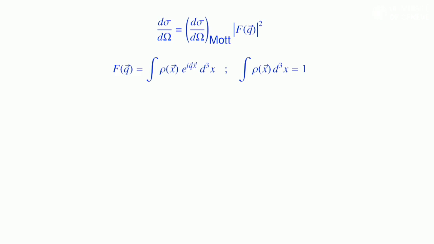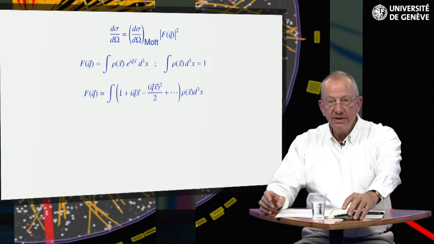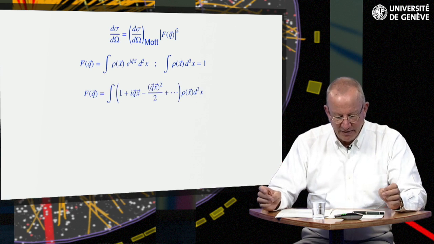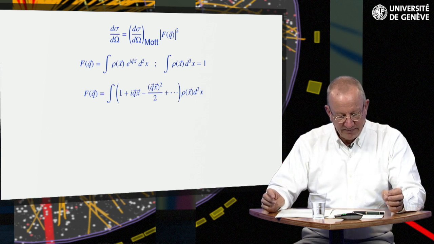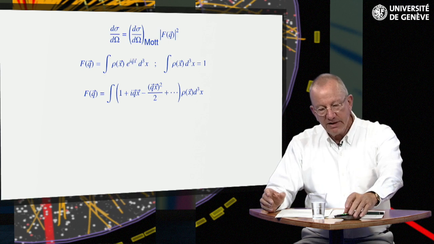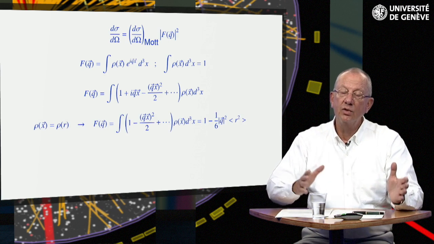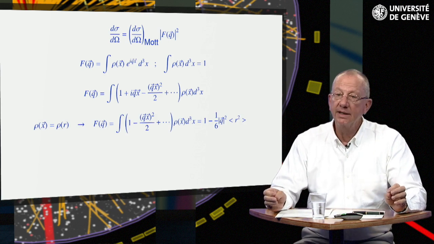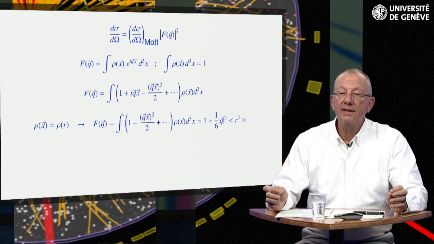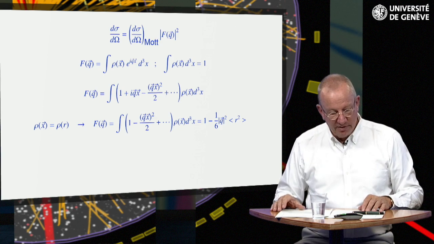In the static case, it is simply the Fourier transform of the spatial charge distribution. For small momentum transfers, one can develop the form factor in powers of q times x. If the distribution possesses spherical symmetry, that is, rho of x is only a function of r and not of the spatial directions separately, terms with odd exponent will not contribute.